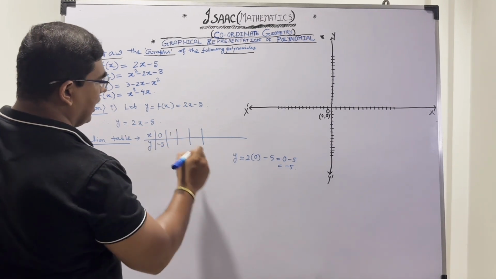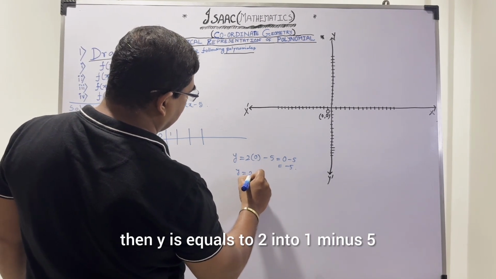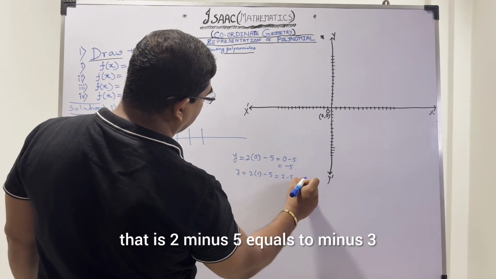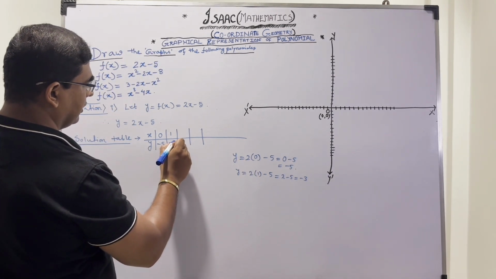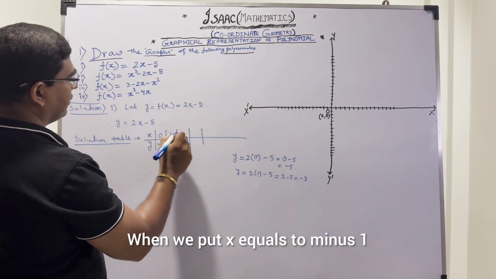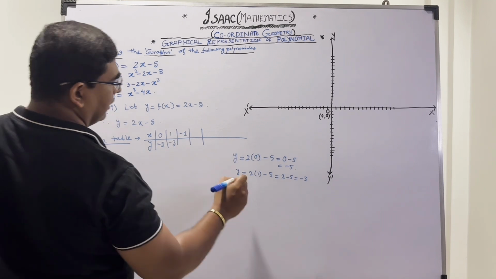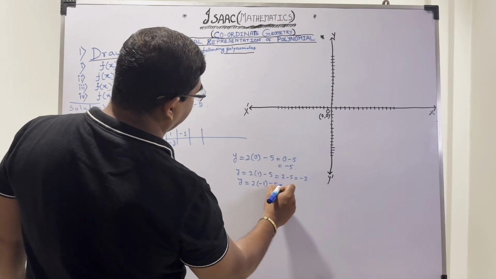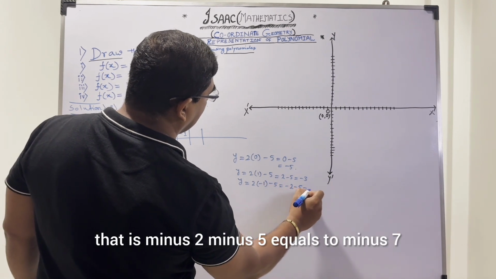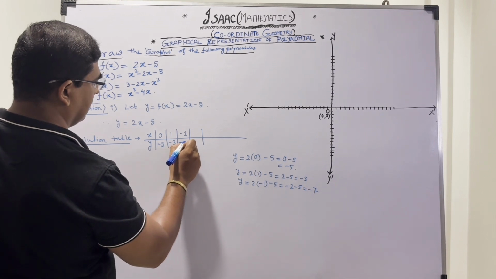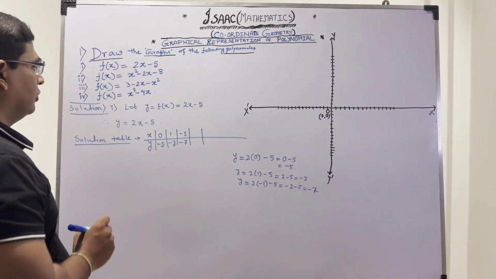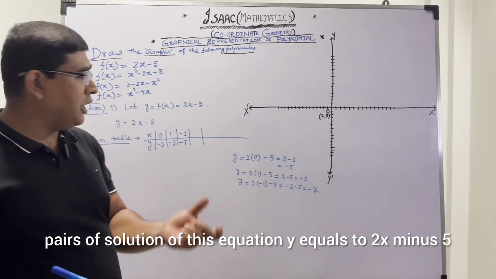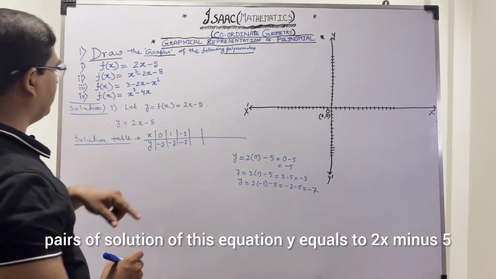When x equals 1, then y equals 2 into 1 minus 5, that is 2 minus 5 equals minus 3. When we put x equals minus 1, then y equals 2 into minus 1 minus 5, that is minus 2 minus 5 equals minus 7. So here we find these three pairs of solutions of the equation y equals 2x minus 5.